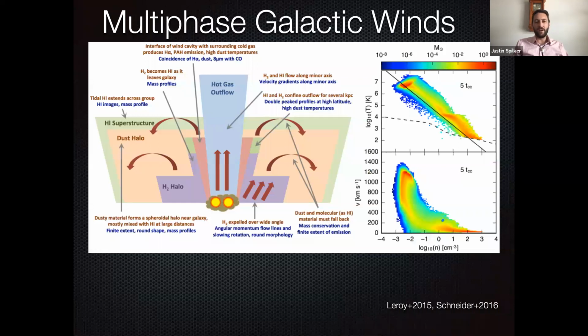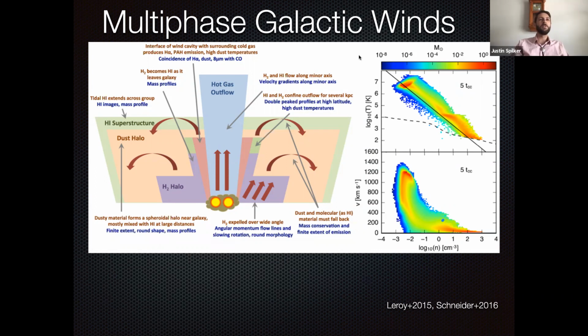Basically our issue is that the gas in these outflows spans many orders of magnitude in both temperature and density. This is just a cartoon that Adam Leroy put together to demonstrate the galactic outflow in M82. The point is not necessarily for you to read all of this text. The point is that there's a lot of text, and that's how you know this is a very complicated situation.